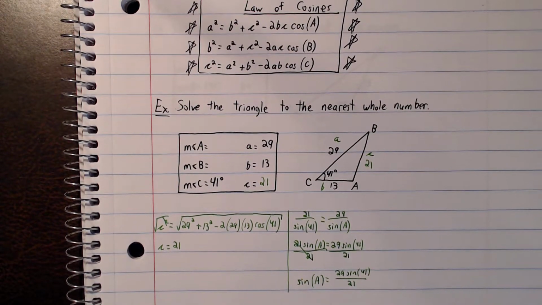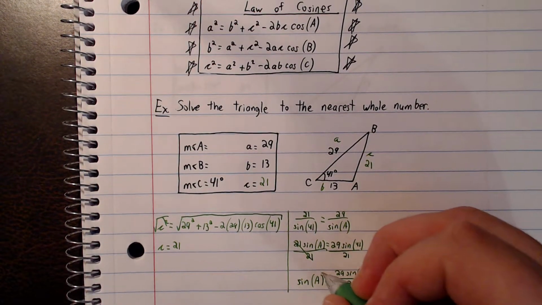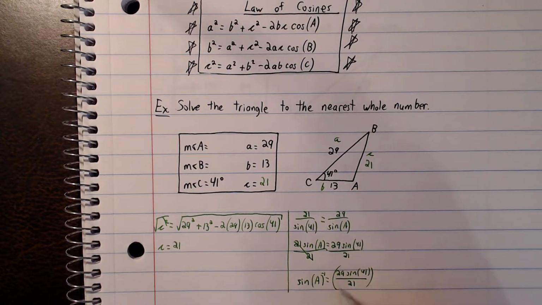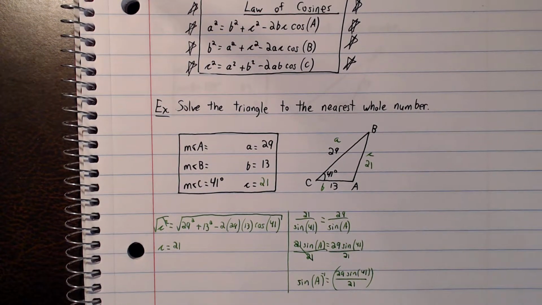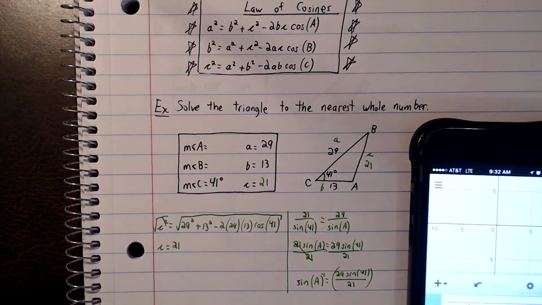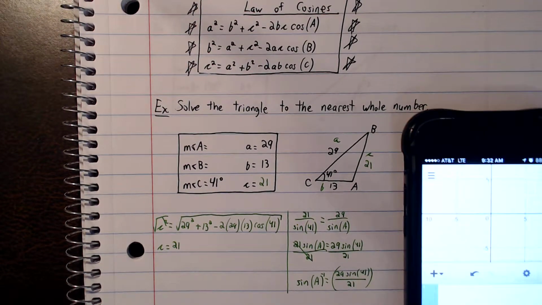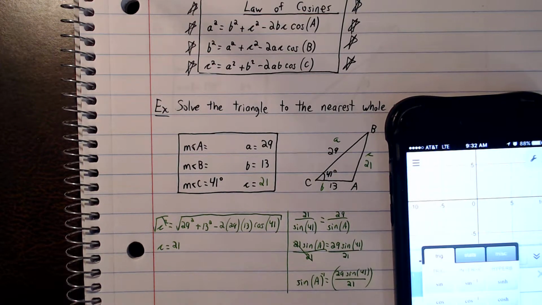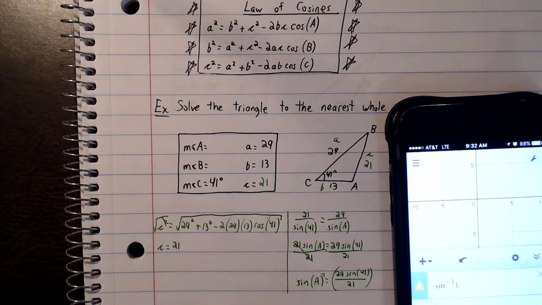Now, if you remember anything about trig, we need to take the inverse of this. So we're doing sine inverse, and we're going to type this all in. So here we go. Here's our calculator. Let's clear that one out. Right, we need sine inverse now of 29 sine 41 divided by 21.